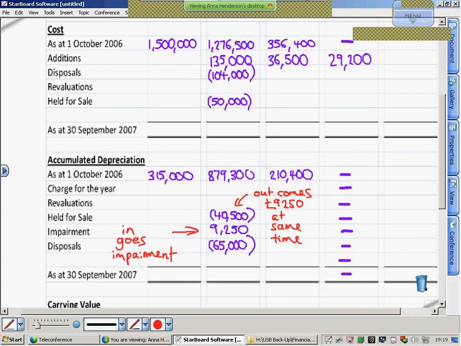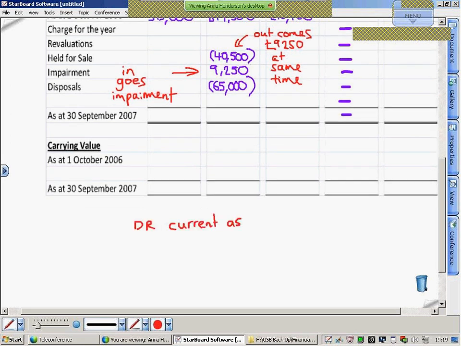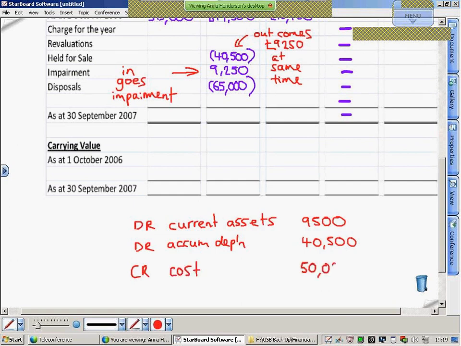What is happening here, just so you're all happy, is we are debiting current assets $500, accumulated depreciation, for cost with 1,000.